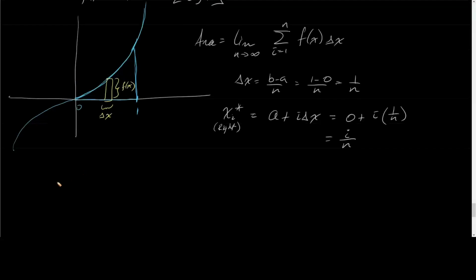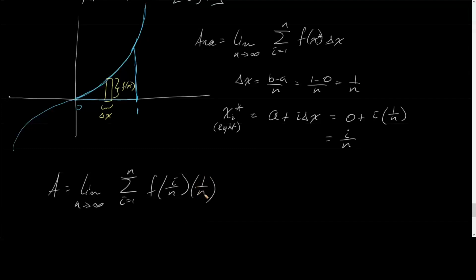Our area now is the limit as n goes to infinity of the summation from i equals 1 to n of our function, plugging in x sub i star, so I have f of i over n times delta x, which was 1 over n.